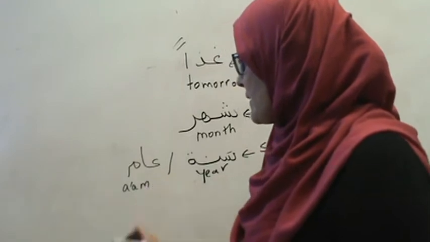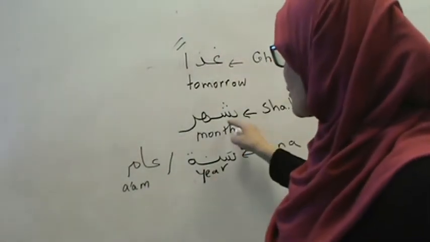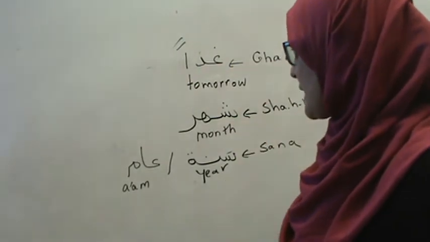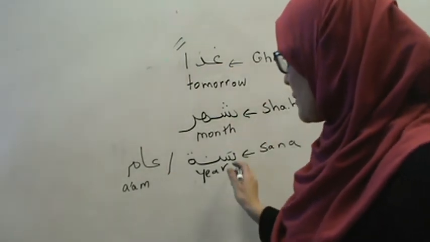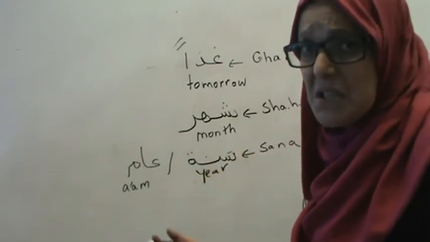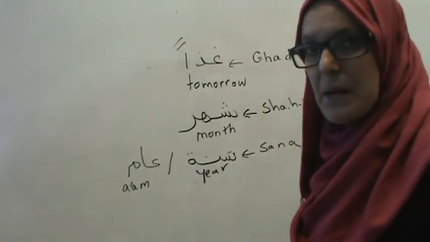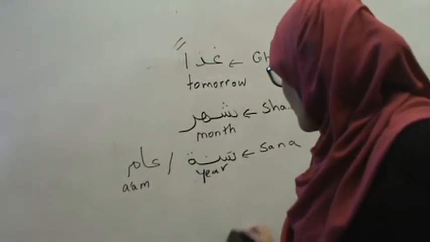So غدا is tomorrow, شهر is month, and year is سنة or عام. When we speak, we usually use سنة. Some people use عام. Both of them are used in Modern Standard Arabic, and they are correct Arabic.